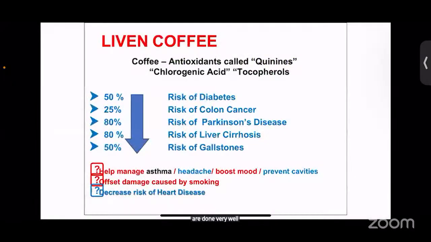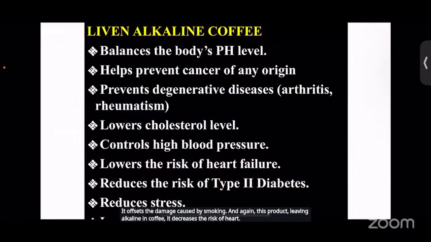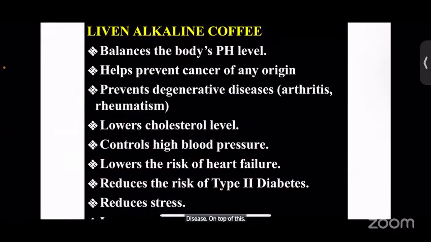Again, this product prevents cavities. It offsets the damage caused by smoking. And again, Live Alkaline Coffee decreases the risk of heart disease. On top of that, it balances the body pH. Did you know that we get cancer because of accumulation of acids in our body?